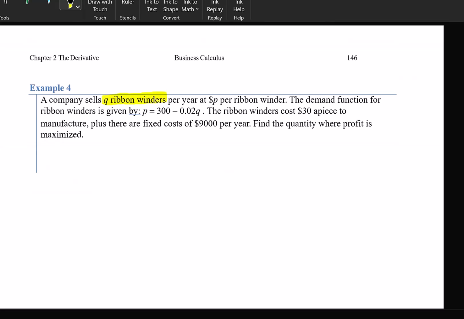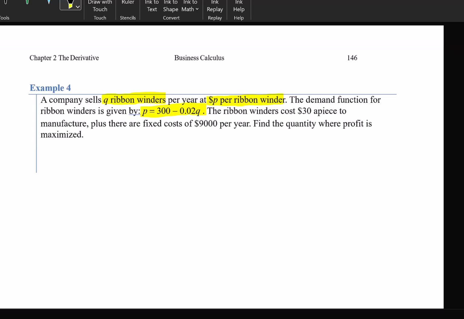Example 4. A company sells Q ribbon winders per year at P dollars per ribbon winder. Important, the demand function for ribbon winders, again, important: P equals 300 minus 0.02Q.